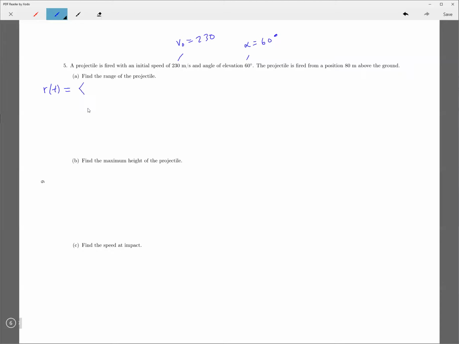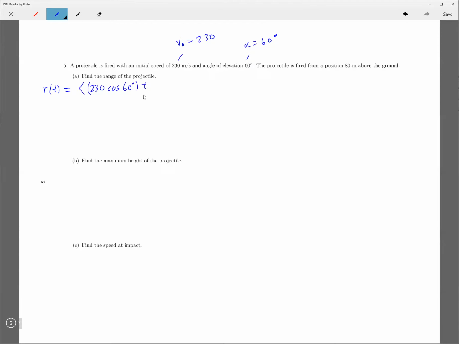So from the equation that we just came up with, our position vector is 230 cosine 60 degrees times t.